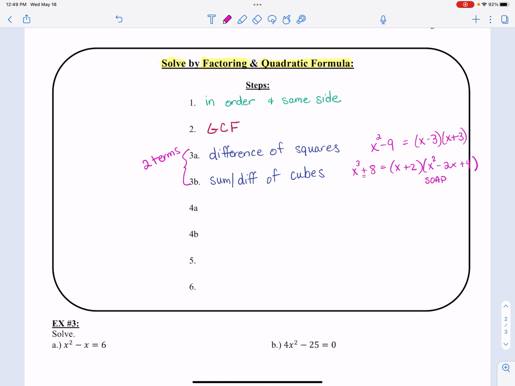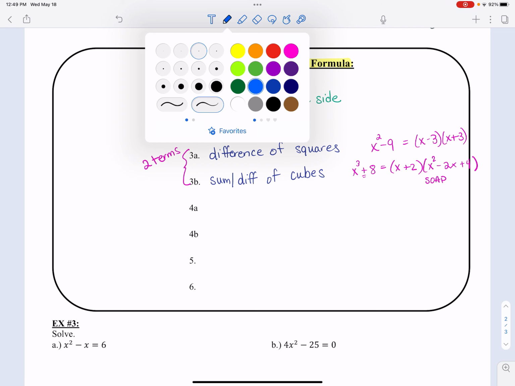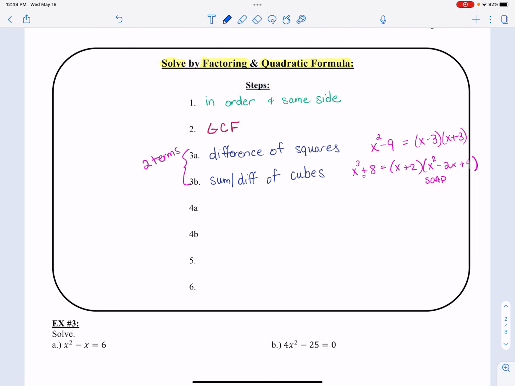If it is not a two-termed expression that you're solving, then perhaps it's 3 terms. And if you're looking at something that's 3 terms, then you might just do basic factoring, right? That's something that looks like x squared plus 6x plus 6, right?